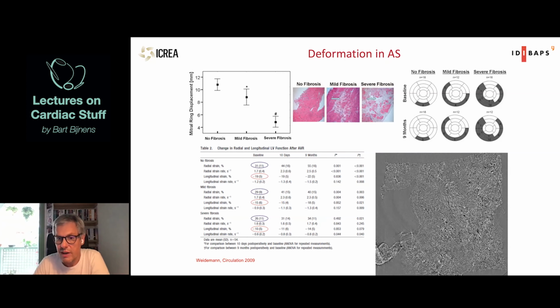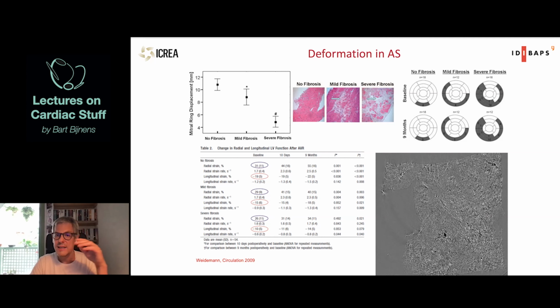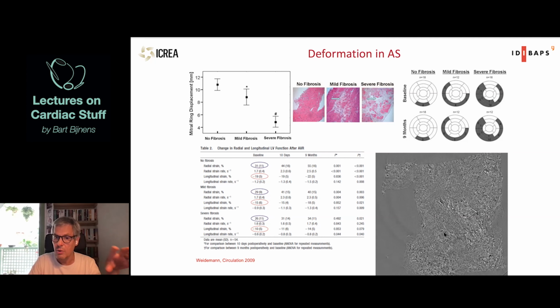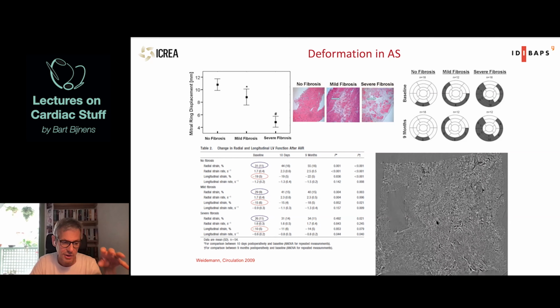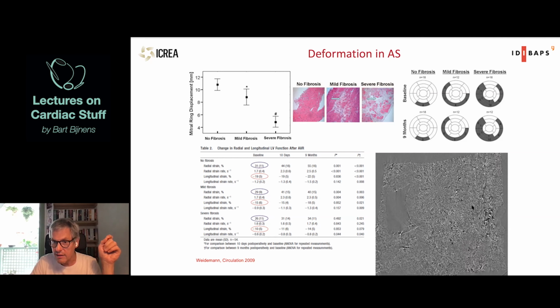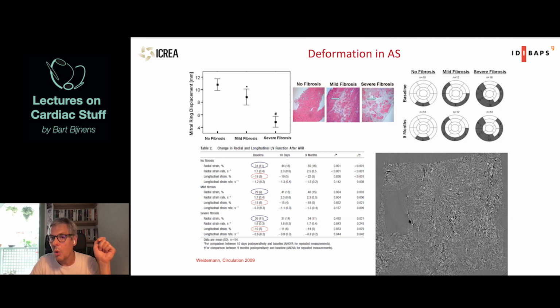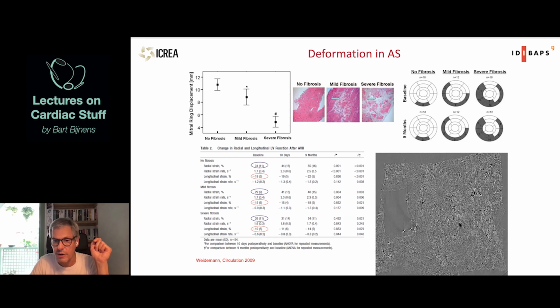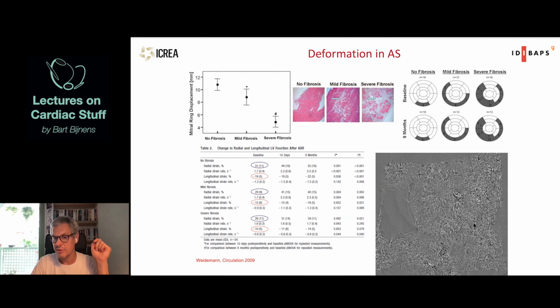And just also to illustrate this, here's an example of tissue of, in this case, a congenital aortic stenosis. So this is actually from a neonate that died of heart failure because of congenital aortic stenosis. And when you now look at the tissue, and this is a piece of transmural tissue, you see that there's only fiber disarray and fibrosis and a total matrix mess because of this.